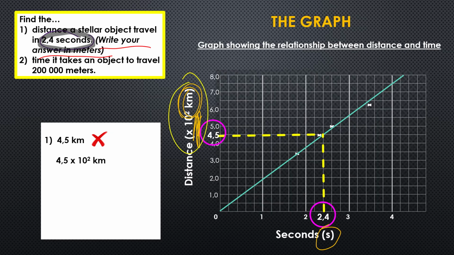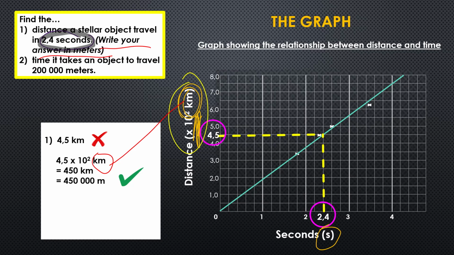We need to add that times 10 to the power 2, and we can see from the graph that the unit is kilometers. So 4,5 times 10 to the power 2, you've learned in junior school, is equal to 450 kilometers. But remember, we need to convert this to meters, and that is your correct final answer.